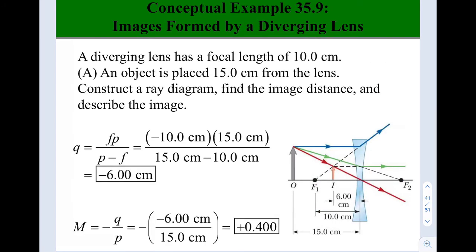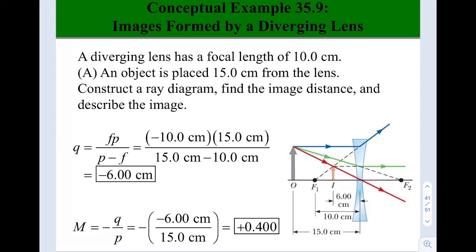Conceptual example 35.9. Image formed by a diverging lens. A diverging lens has a focal length of 10 cm. An object is placed 15 cm from the lens. Construct a ray diagram. Find the image distance and describe the image. For the ray diagram part, no need to do it, as I mentioned before.